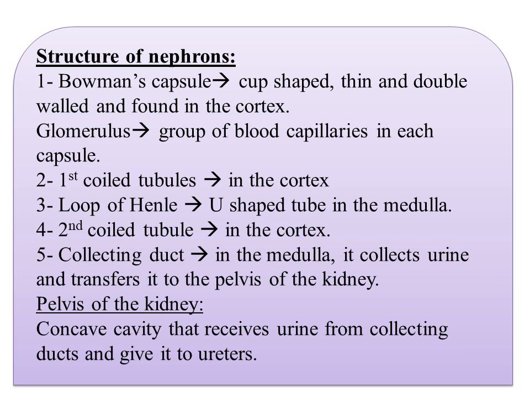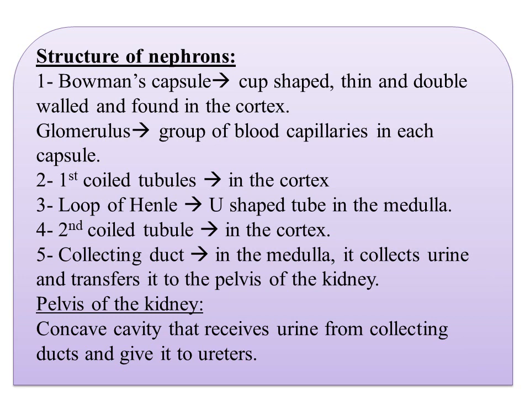Then the first coiled tubule leads to the loop of Henle, a U-shaped tube in the medulla of the kidney. Then to the second coiled tubule in the cortex of the kidney, which is also called the distal convoluted tubule.